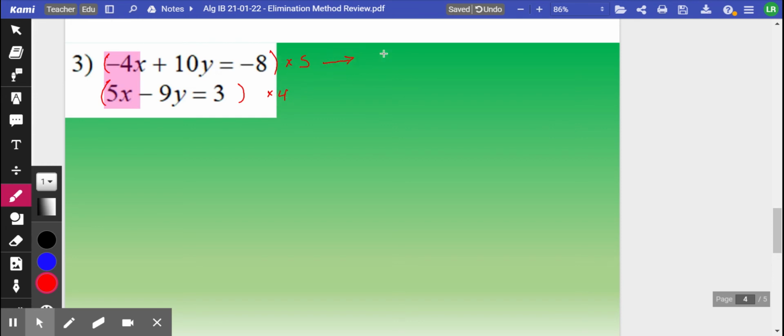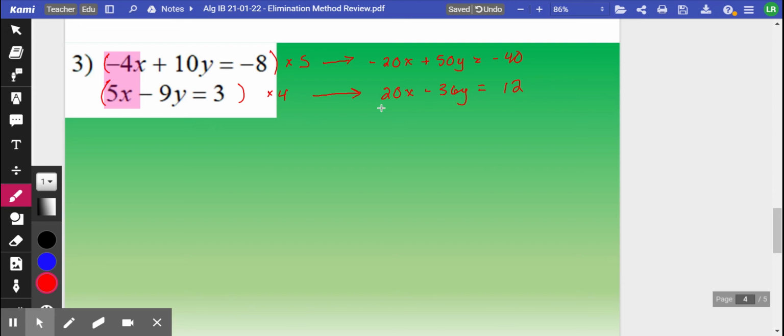All 3 on the top times a 5, so that's negative 20x, positive 50y, and negative 40. On the bottom, everything times 4. So that's positive 20x, negative 36y, and positive 12.